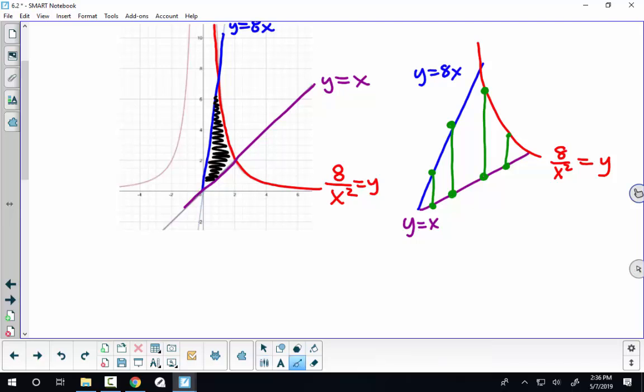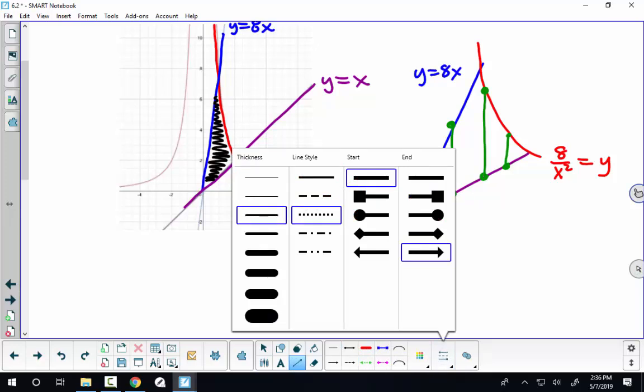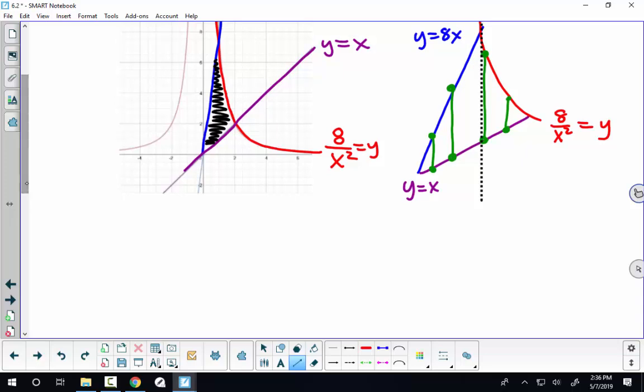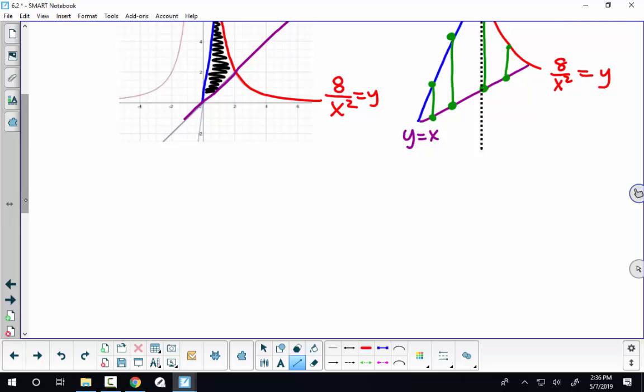So hopefully you can see at this point, or this x value rather, once we cross that threshold, then the top minus the bottom, or the height of the rectangles, are now defined differently. Does everybody see that?